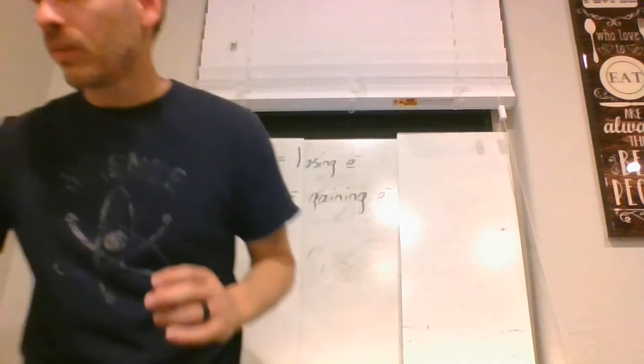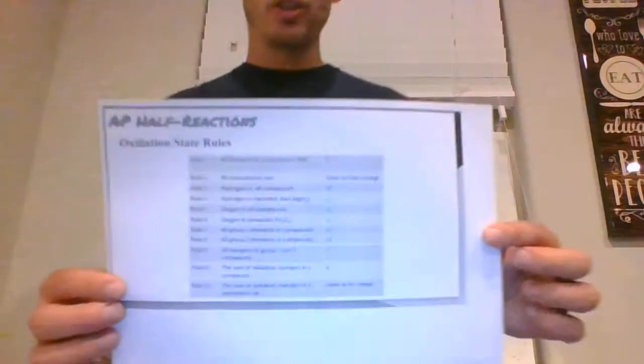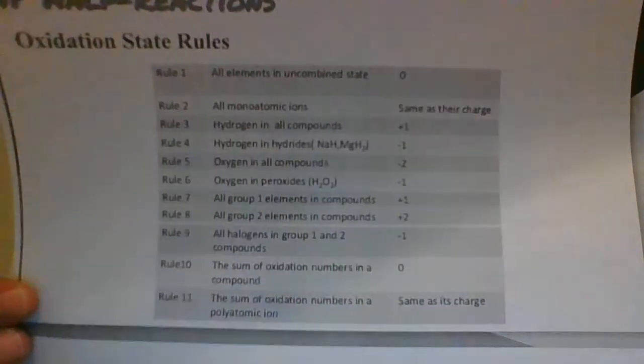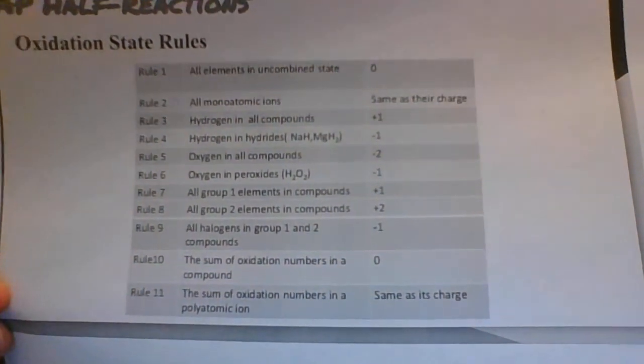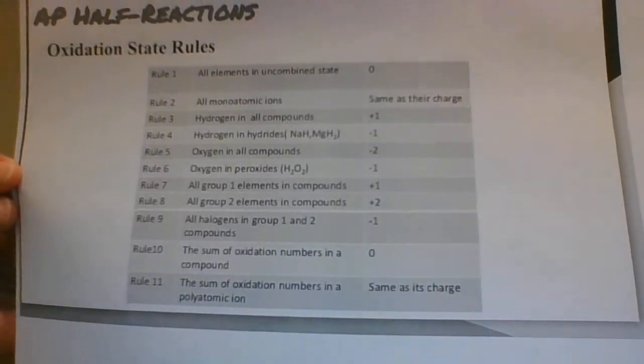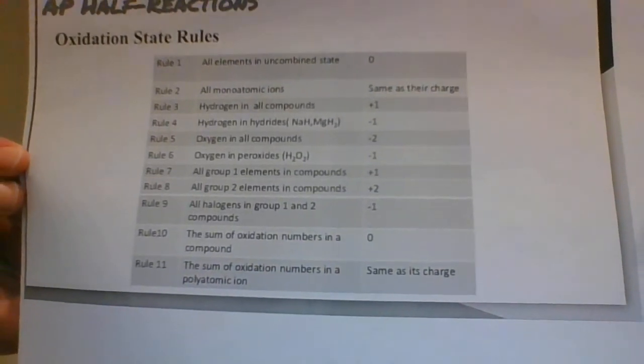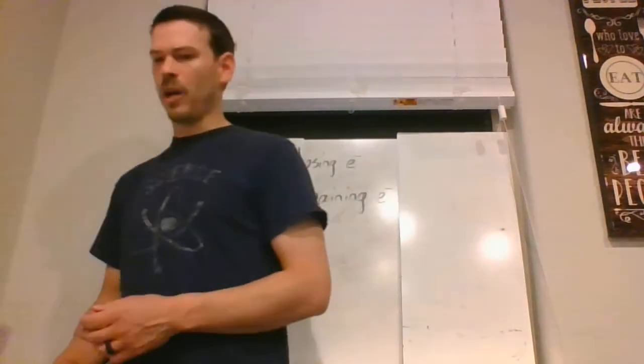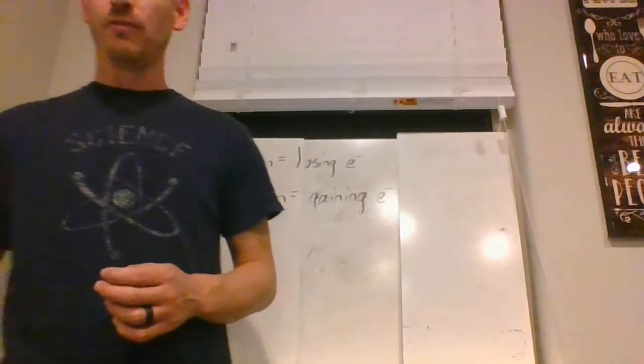So if I was going to post slides, this would have been one of them. So here's the rules of finding oxidation states. You can pause if you need to, but you should recognize these rules. And what you'll notice as we go through a couple examples is that I'll absolutely follow them.